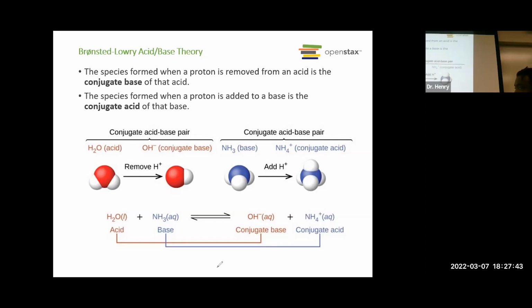We have an acid, and on the other side of the equation, that's going to give us our conjugate base. And then here we have the base, and on the other side, we're going to get a conjugate acid. One is going to donate, one is going to be receiving.